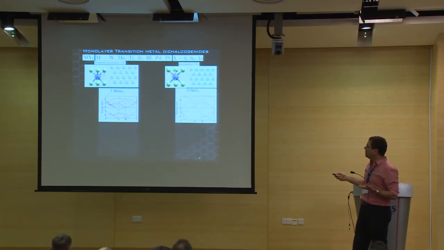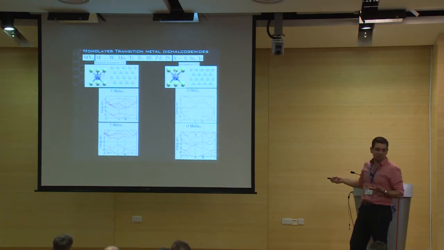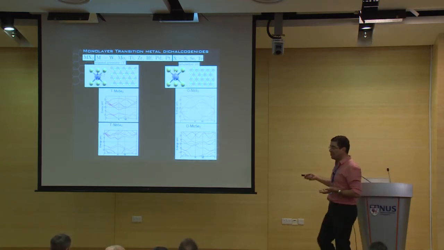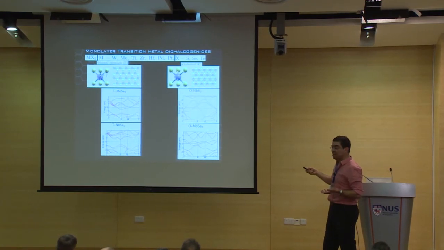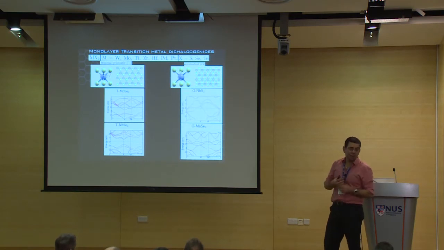And if you have the same element but just change the structure, for instance niobium disulfide, well, actually this is selenide, but it's the same story, it goes into a semiconducting state. And if you take this one and rotate the chalcogen layers, you make it into a metal. So this tells me that, although these materials are mostly d transition metals, the p electronic properties of the chalcogen have a very important influence on the electronic structure.